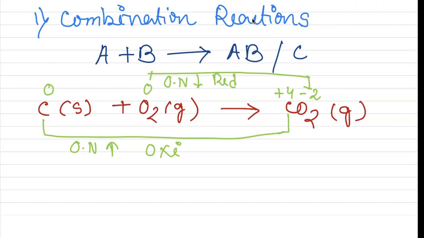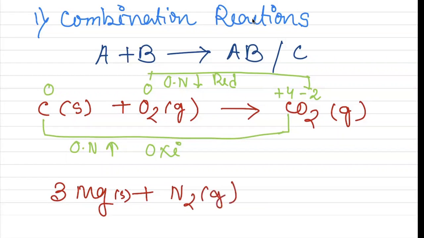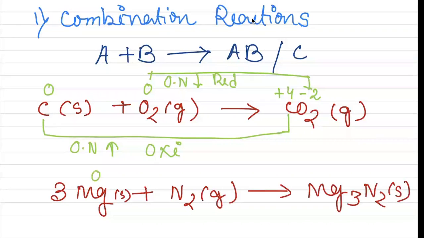Okay, let's take one more example. When 3 magnesium reacts with nitrogen gas, it forms Mg3N2. Now we have to find out the oxidation states. Here magnesium is in 0 oxidation state. Nitrogen will also be in 0 oxidation state because both are in element form.